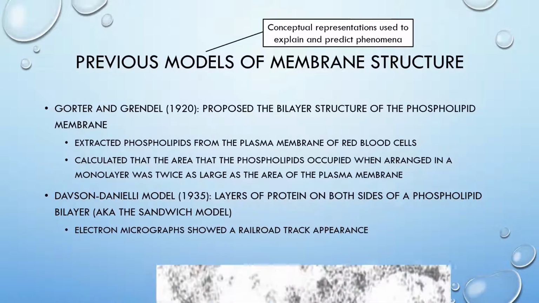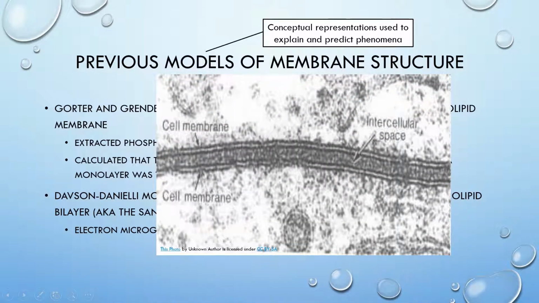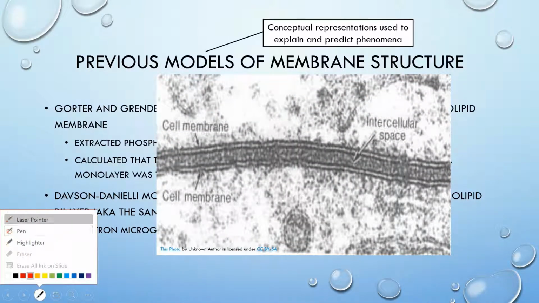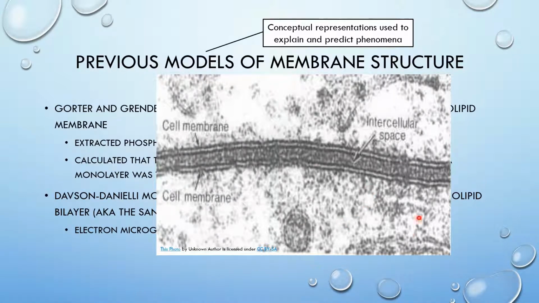What I mean by railroad track appearance is, if you see here, that is one cell and that is another cell. That is what I mean by railroad. So basically, that is one cell membrane, and there's one dark line, one lighter area, and another dark line.